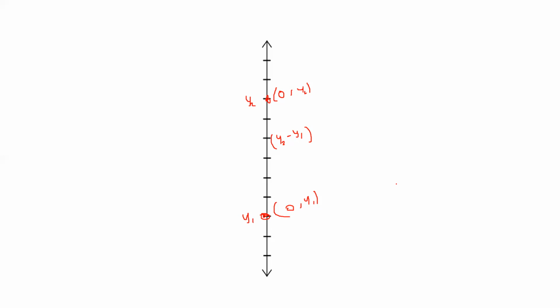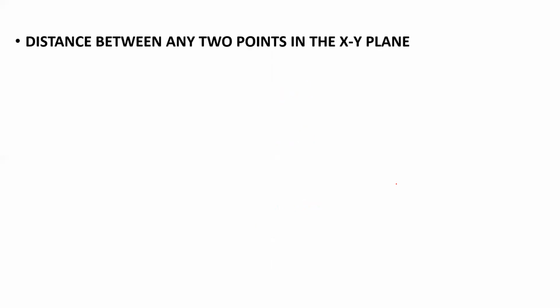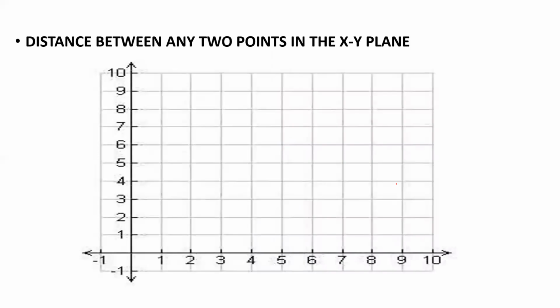Now let's come to our actual concept. Our concept is the distance between 2 points in the xy plane. Here I'm with a Cartesian plane. Let's take 2 points here.